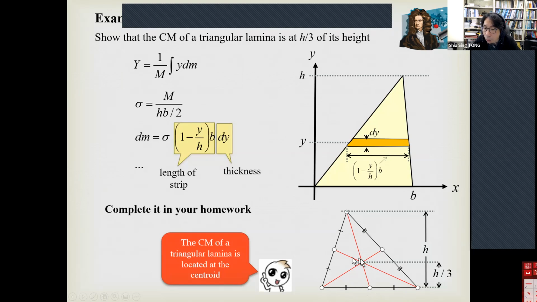The 3 lines will cross at the centroid of this triangle. So the centroid is where the bisectors of the opposite sides meet. There are 3 of them. When they meet at one point, that point is the centroid of the triangle.